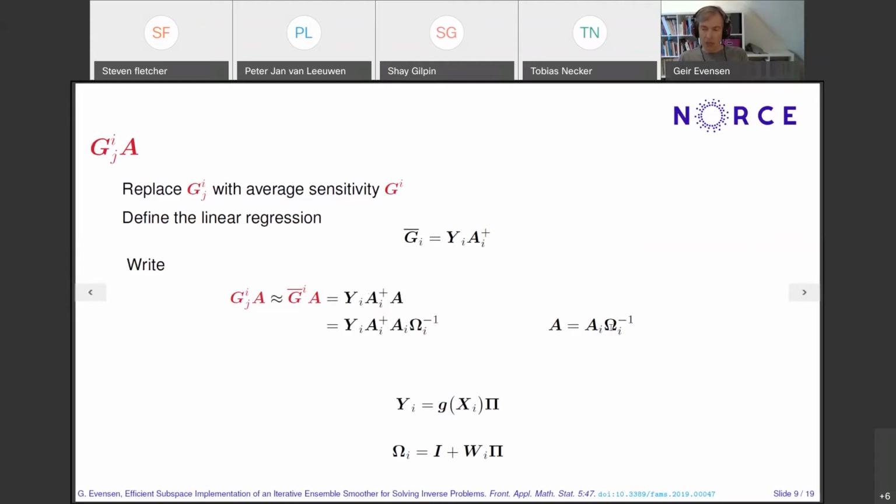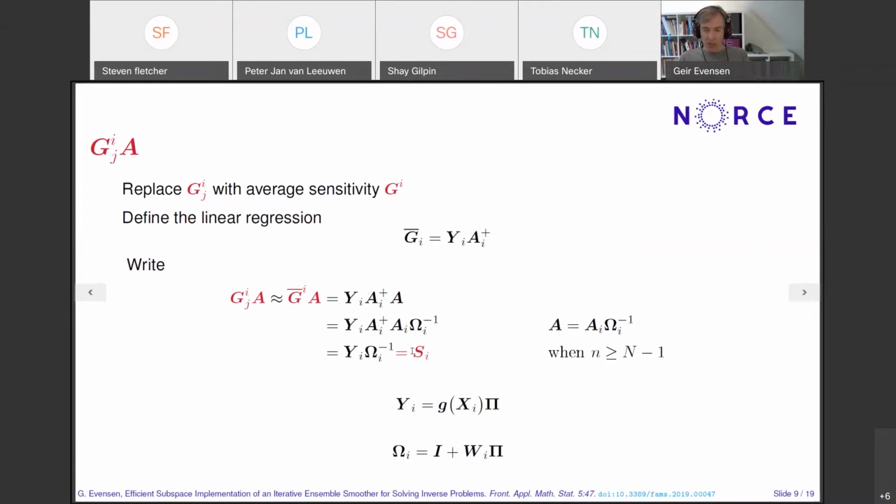This omega matrix is just the identity plus the weights with the mean subtracted again, and we can show that this is full rank in most problems. This expression is quite nice because it's just a projection that subtracts the mean from this Y. Since Y already has the mean subtracted, it doesn't do anything, so we can just cross it out. That's true for all cases when the state dimension is larger than the ensemble size minus 1.